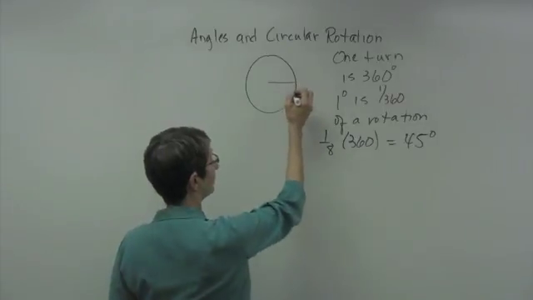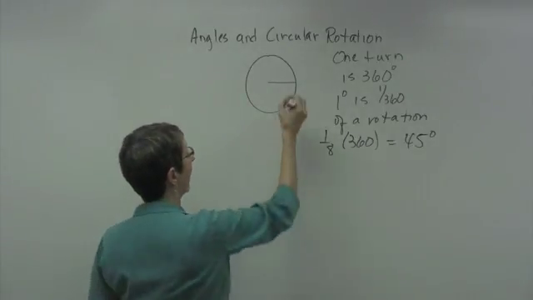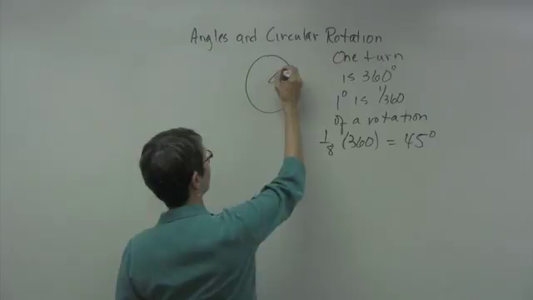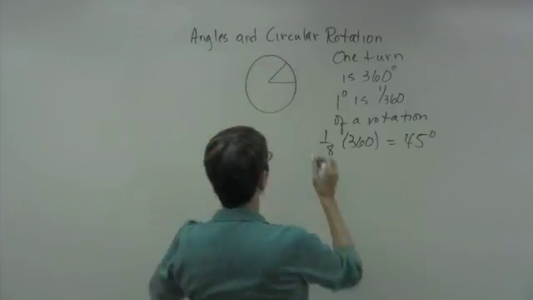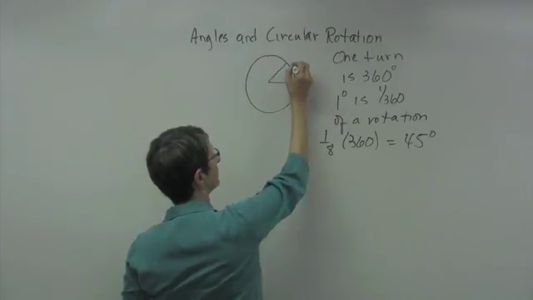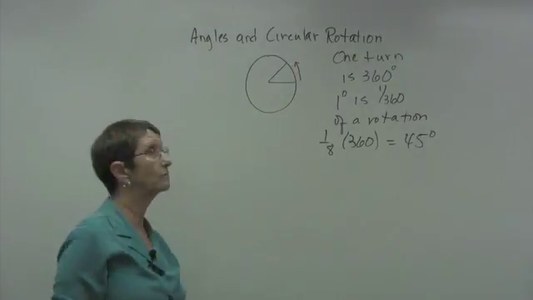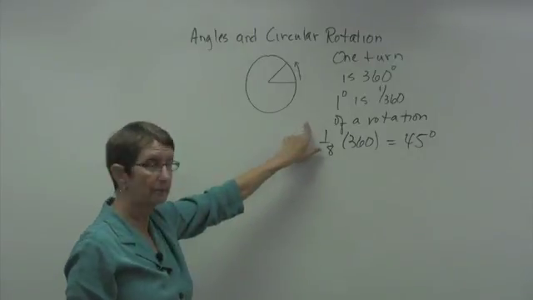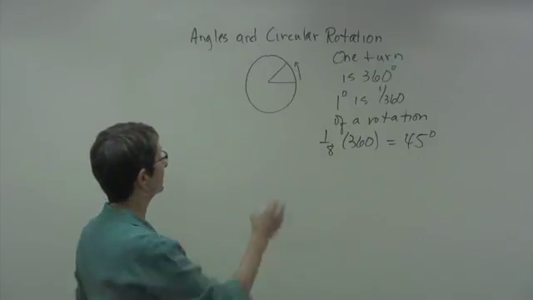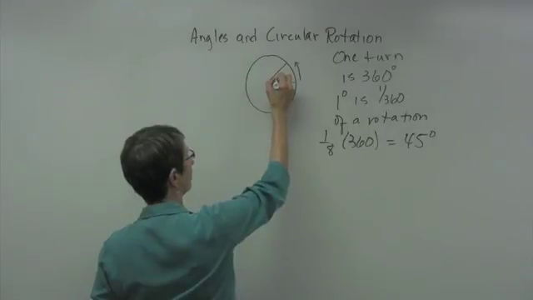So if I start here and I do 1/8, I would have a 45-degree angle, which would end about here. And I'm starting at this point and moving in that direction. I'm moving counterclockwise for my rotations. So this angle is 45 degrees.